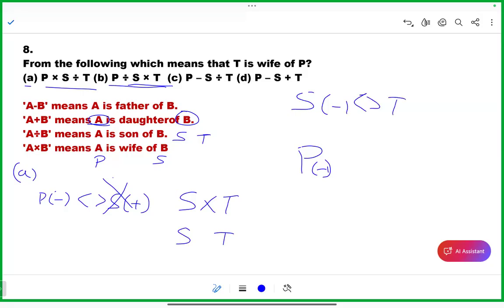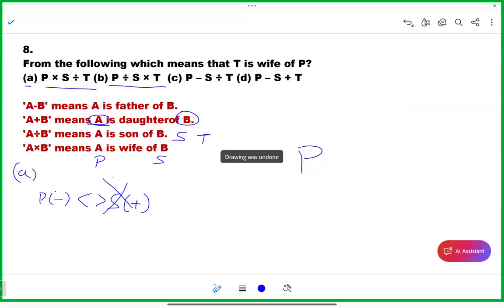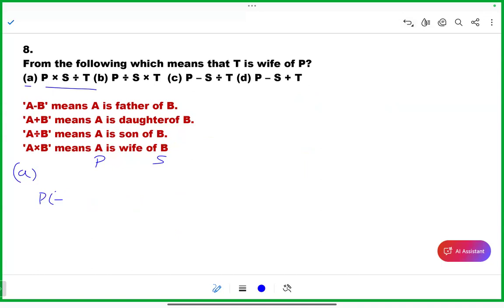So A is not correct, B is not correct. T has a wife here. So C is possible.